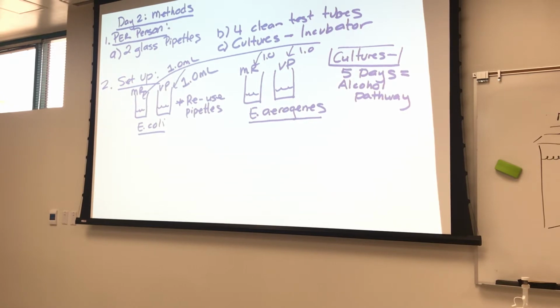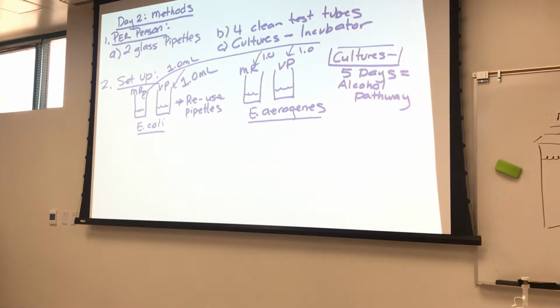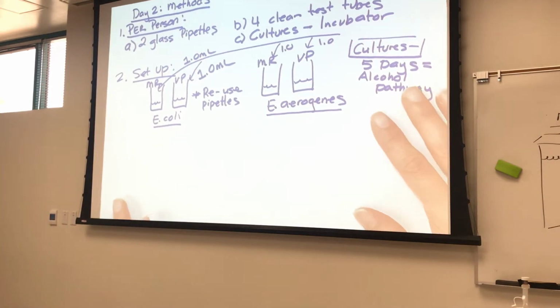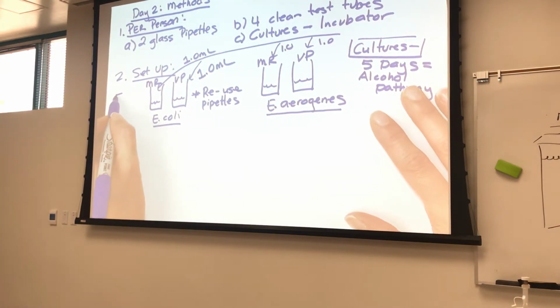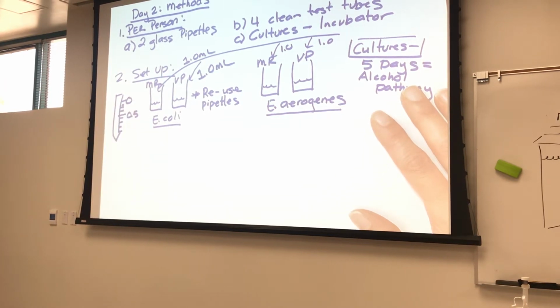I think what's confusing about the pipette, I don't know why we have pipettes like this, is the numbering system. It goes like this, and then there's a tip at the end. It basically counts backwards, so in the middle it'll say 0.5, and then it'll keep going, and at the top it'll say 0.